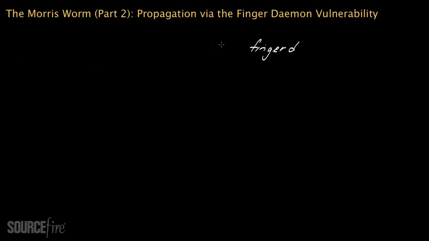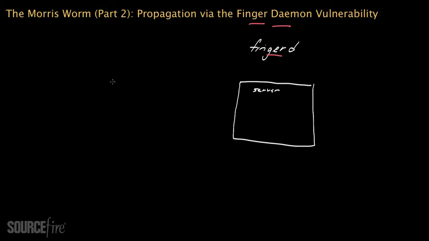The fingerd or daemon program in Unix is a program that runs on a server. It typically interacts with a client program known as finger, and what the finger utility allows one to do is determine the status of a given user on a system.